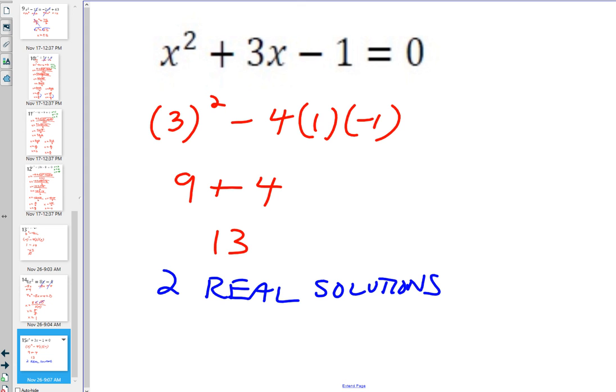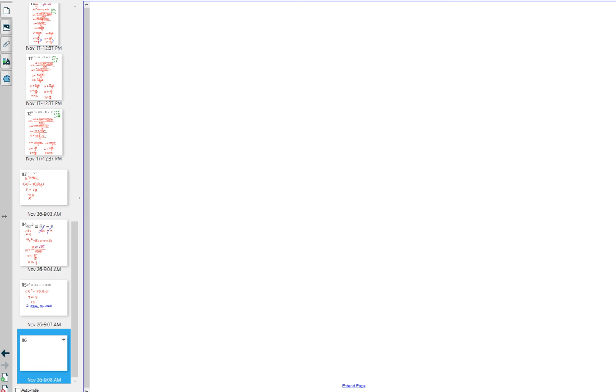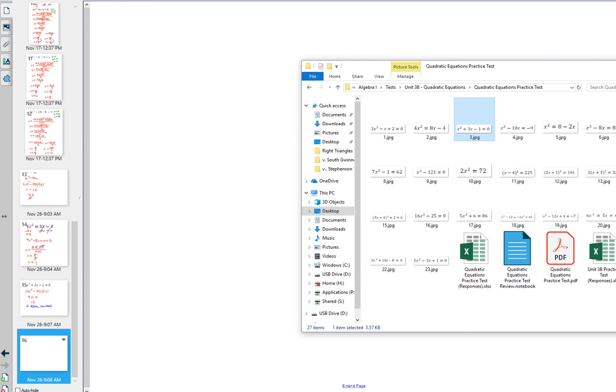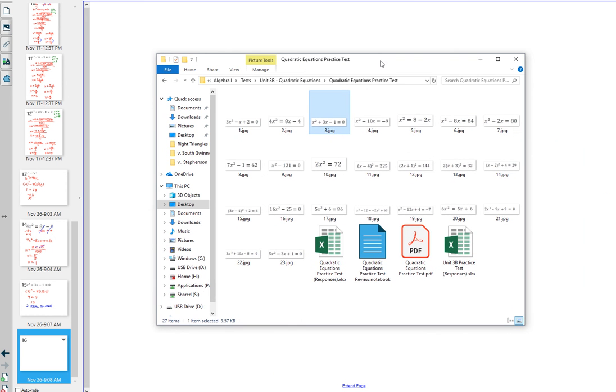Let's see if I can find one more using completing the square, and then we'll call it a day. Let's do this one here.